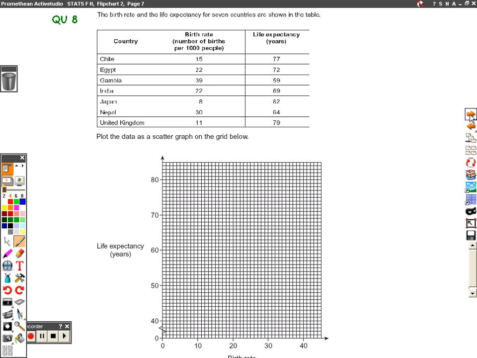Okay, question 8 then, you have a scatter graph. So we'll go and plot each point. 15 with 77.